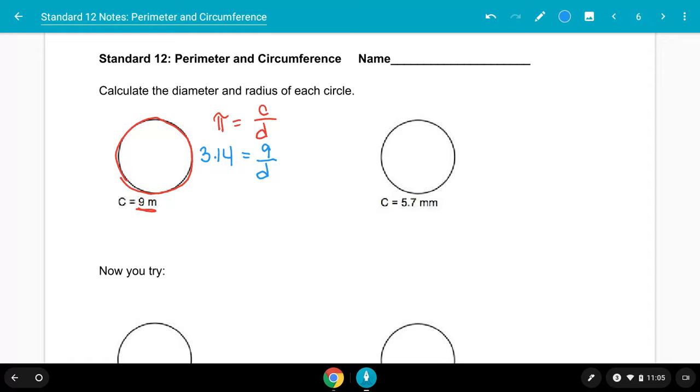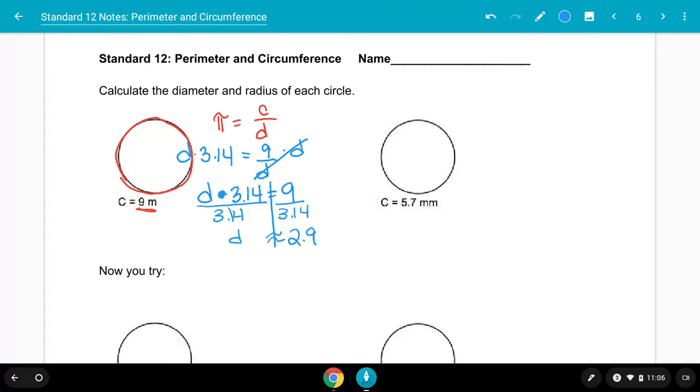To undivide diameter, you need to multiply by the diameter. What happens there is you get diameter times 3.14 equals 9. Now you need to unmultiply the 3.14. So I'm going to divide by 3.14 and divide by 3.14. And I get that the diameter is approximately 2.9.